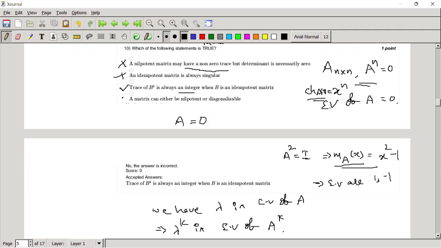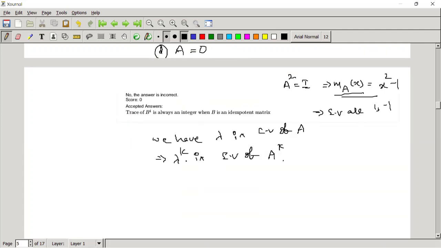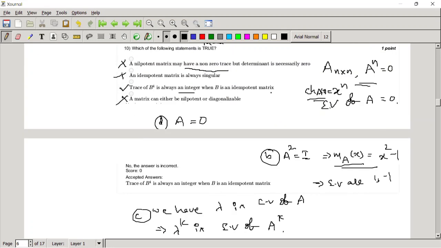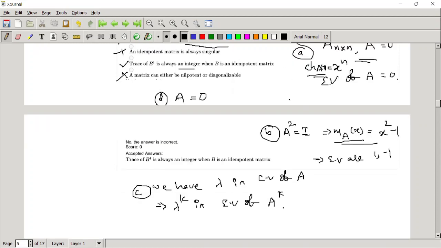So this option is also wrong. This is for the D option, this is for the B option, this is for the C option, this is for the A option. Is it okay?